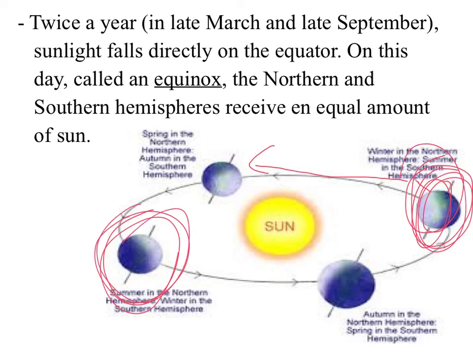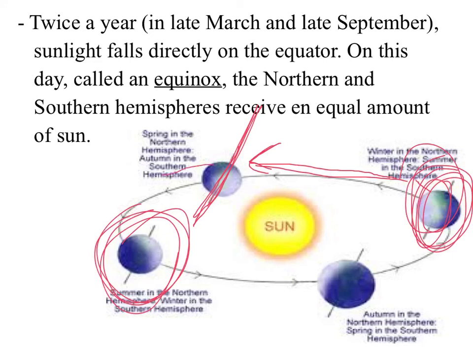So you have what's called the spring equinox, or equinox, you can say it either way. And on that day, once again, the Earth's axis is still at a slant, but the slant is not running towards or against the sun. And that's your spring equinox.